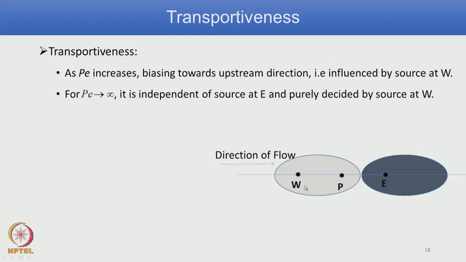In the extreme case when the Peclet number is almost infinity, there is independence from the source at E, and P is purely decided by the value at W. So, transportiveness, boundedness and conservativeness are three important properties which any numerical scheme should have.